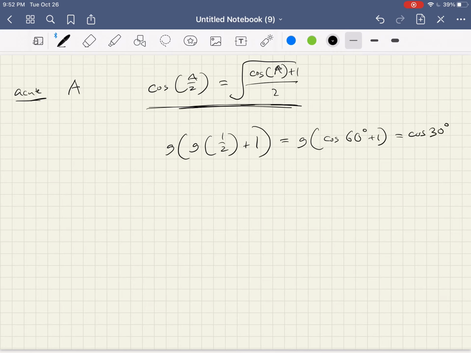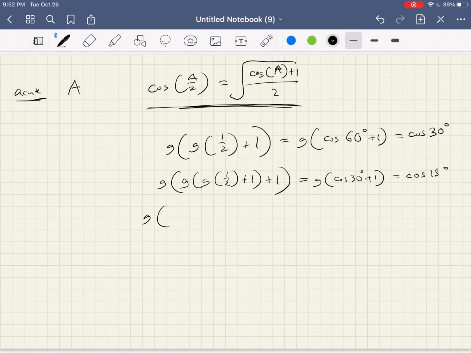Okay? The next step, g of the above expression plus 1, this just equals g of cosine 30 plus 1 equals cosine 15.